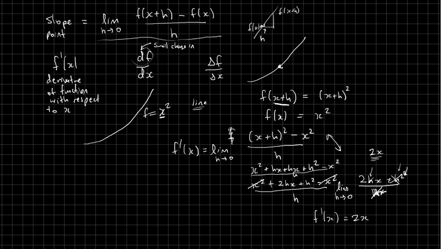something polynomial to the nth power, then the derivative dx to the n with respect to x is going to be n. So you multiply by whatever's in the exponent, and then you subtract 1 off the exponent. And so this is really easy.